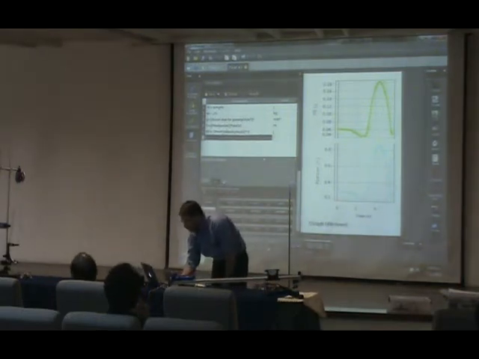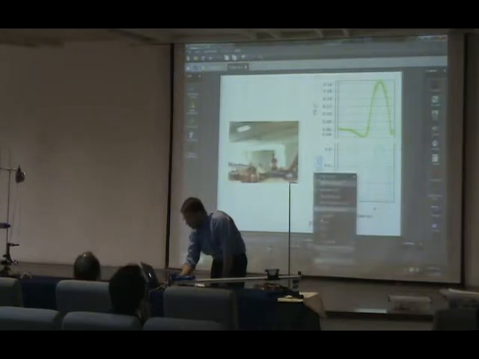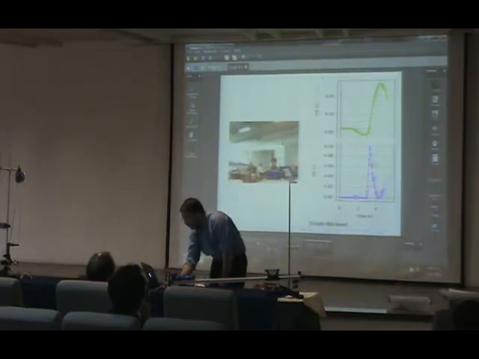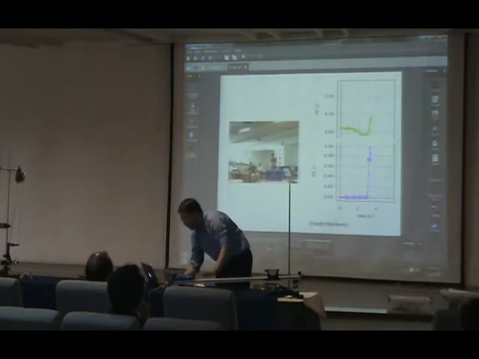So maybe let's switch this position one over to kinetic. And once again, we go back to our playback mode, and we can see where kinetic energy is the highest. Kinetic energy is the highest when the cart's at the bottom of the track, and kinetic energy decreases as it moves up the track.